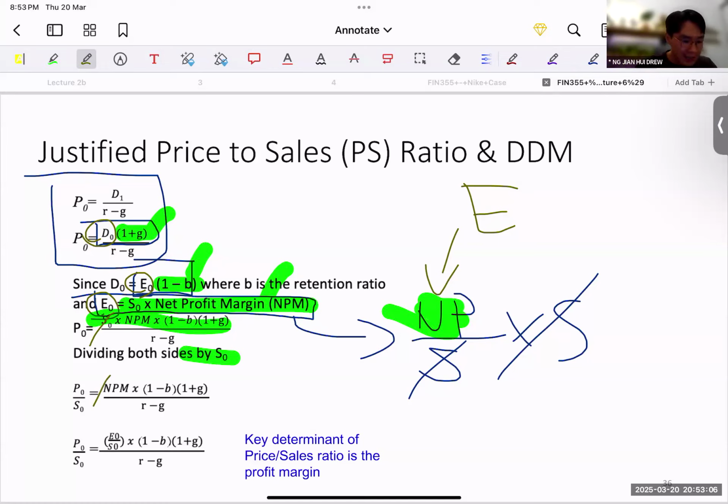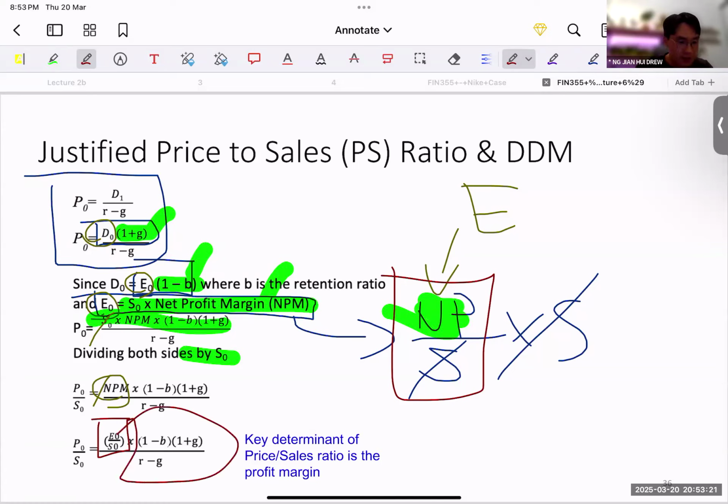And so what do I get here? I can convert your net profit margin to this, right? Net profit margin is net profit divided by sales, which is earnings divided by sales, which is given here, and then your whole chunk of terms here. And so the key determining factor of the price to sales ratio is therefore your net profit margin. Can you see that your b and your g have some effect, right?